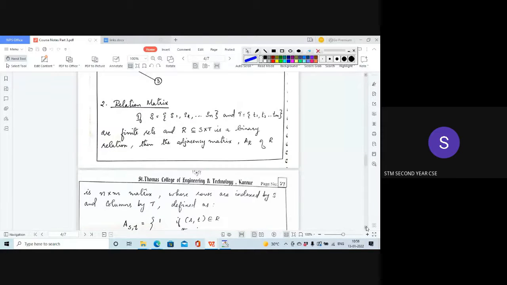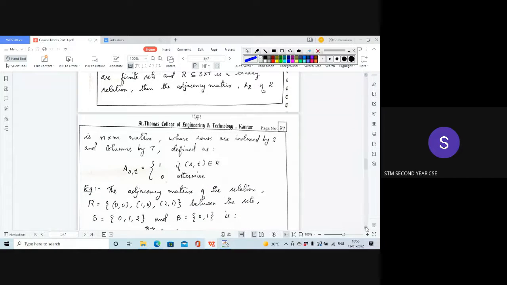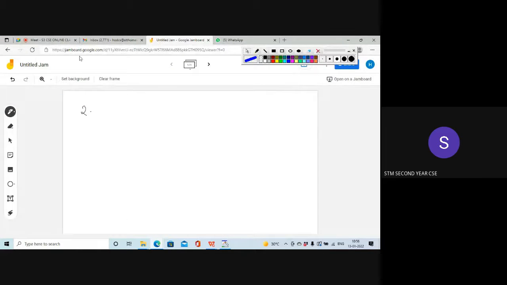The second method of representing relations is using the relation matrix or adjacency matrix.